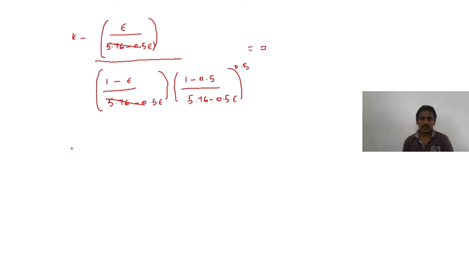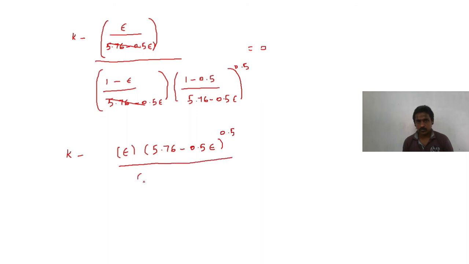Therefore I can rewrite: K minus epsilon times (5.76 minus 0.5 epsilon) to the power 0.5, divided by (1 minus epsilon) multiplied by (1 minus 0.5 epsilon) to the power 0.5, is equal to 0.